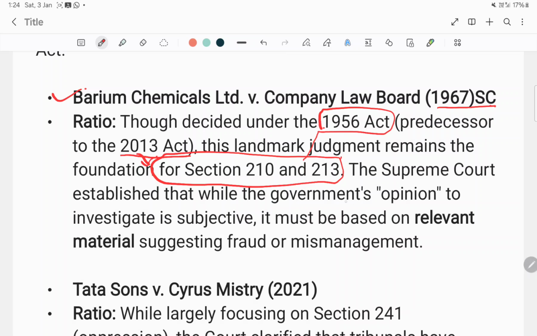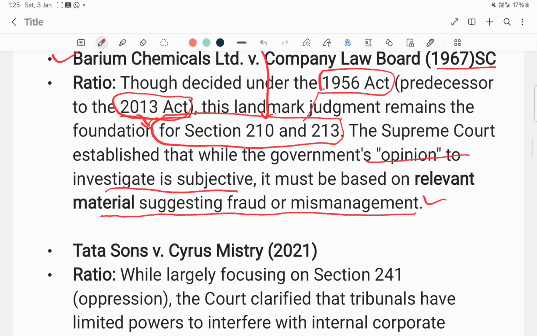The Supreme Court established that while the government's opinion to investigate is subjective, it must be based on relevant material suggesting fraud or mismanagement. It says that whenever the central government asks the SFIO or any investigating agency to investigate a matter with regard to company law, certain provisions available in the 1956 Act have to be read under the 2013 Act, specifically Sections 210 and 213, which have to be followed as the sections were followed in the 1956 Act.